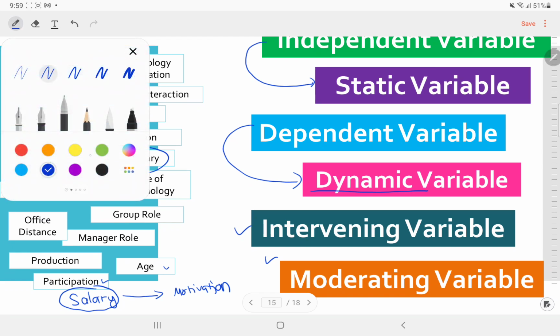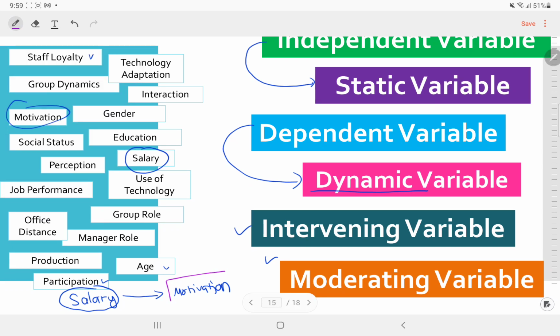On the other hand, the motivations will be the dependent variable. It is really dependent on the salary's condition, whether the salary is high or low. And we will have two kinds of influence, the positive influence and also the negative influence.